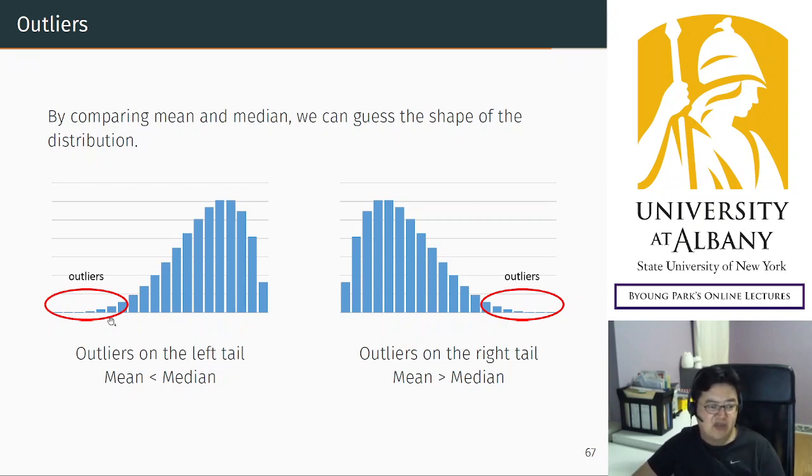On the other hand, if there are outliers on the left-hand side, then the tail is long on the left-hand side, and in this case, the mean would be smaller than the median. The outliers drag down the mean more than the median, so the mean will be smaller. Anyhow, based on the shape of the distribution, you can tell where the outliers are, and also you can check that using the mean and the median.